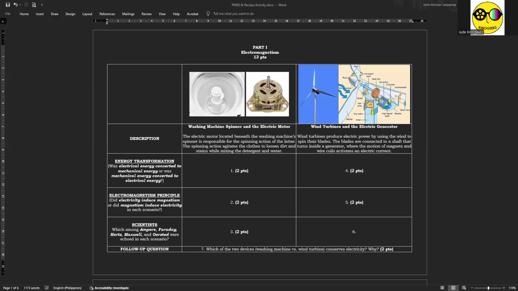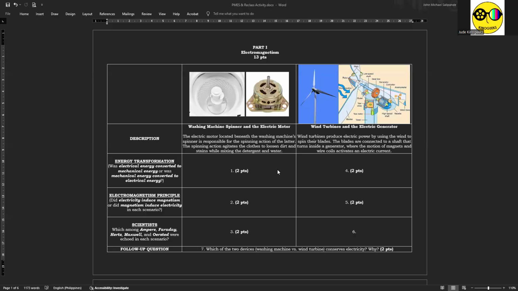In the first row, we ask a question which focuses on energy transformation. The question is, was electrical energy converted to mechanical energy, or was mechanical energy converted to electrical energy?